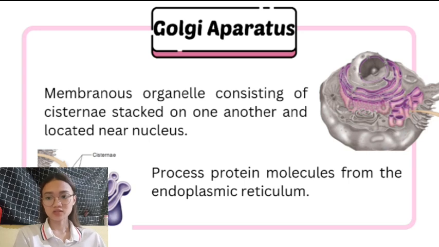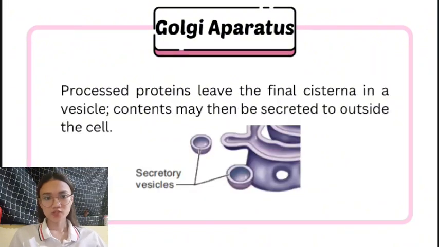So, Golgi consists of stacked, membrane-bound sacs, or yung tinatawag nating cisternae, that are located near the nucleus. Processed proteins leave the final cisterna in a vesicle. Contents may then be secreted to the outside of the cell.